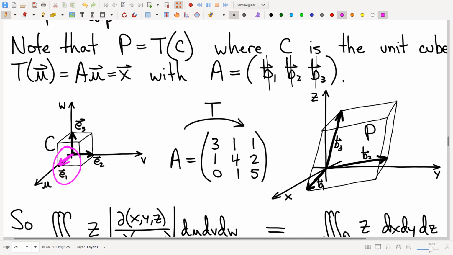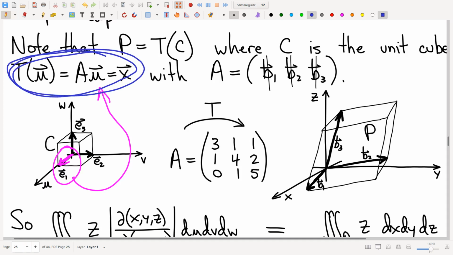Well, I'm going to take that vector and plug it in to compute the image. Right, I'm plugging it into the linear transformation. You can see what's going to happen is I'm going to have to multiply A times that E1 edge vector. And what happens when you multiply A times E1?